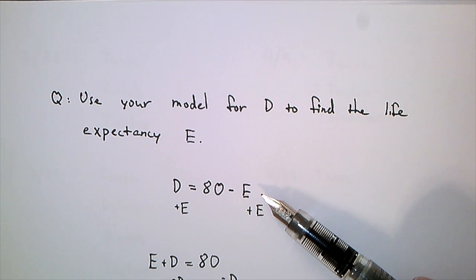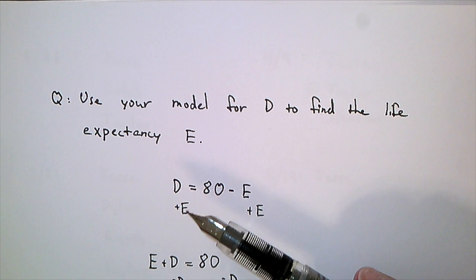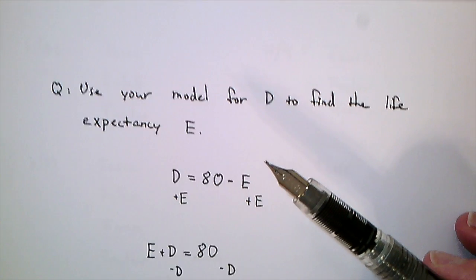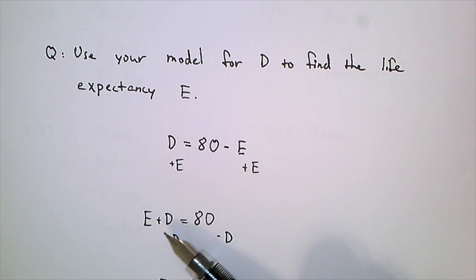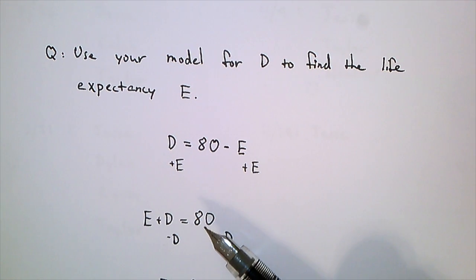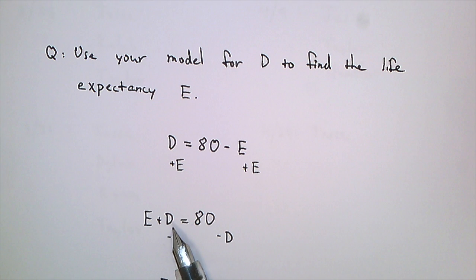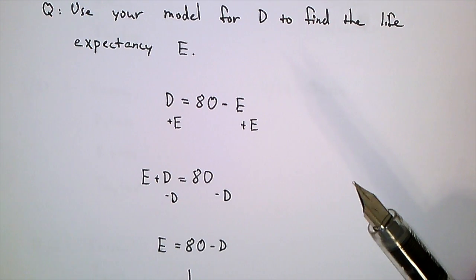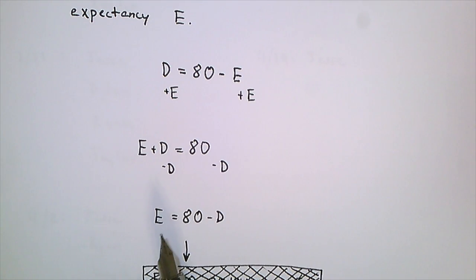One way to do this is to add e to both sides to cancel off this e here. And then you get e plus d is equal to 80. And then finish off by subtracting d from both sides to get rid of this d on the left. So in the end, you see that the life expectancy is equal to 80 minus the difference d.